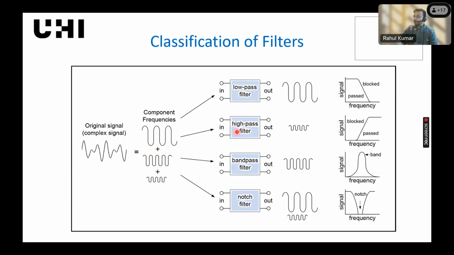They remove all the other frequencies, and only in the case of low pass, it will allow only low frequencies. In high pass, it will allow only the high frequencies to pass, and remove all the other frequencies. Now, this band pass filter will only allow frequencies in the middle range, right? These ones.